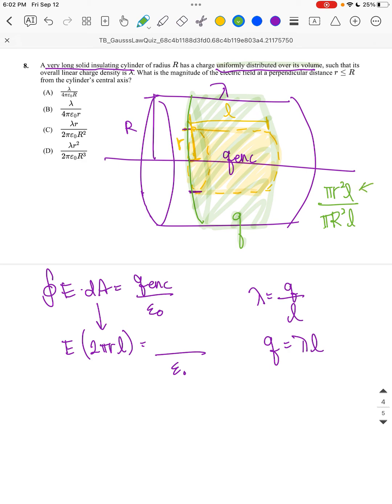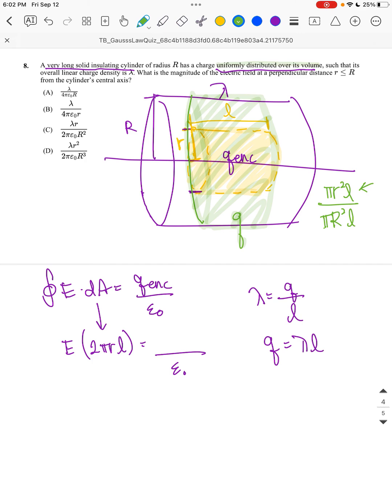If I can get a fraction of that smaller volume over the bigger volume, that'll be the same as the fraction of my charge enclosed over the charge enclosed in this green cylinder.